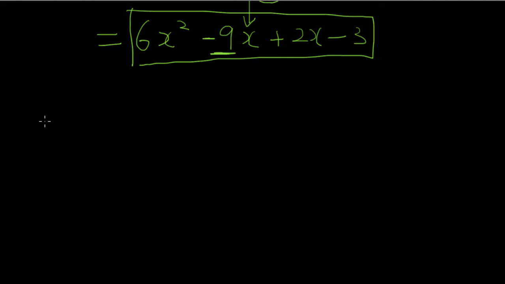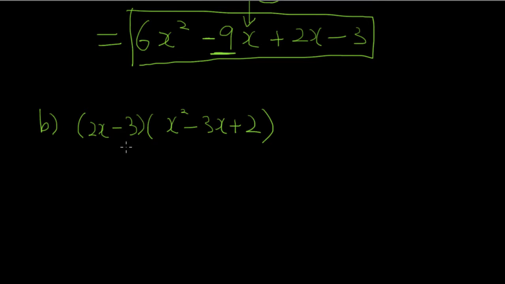So another example. This time, let's say you have 2x minus 3, and you have x squared minus 3x plus 2. So this is the case where you have 2 terms times 3 terms. How many actual multiplications do you have to do?